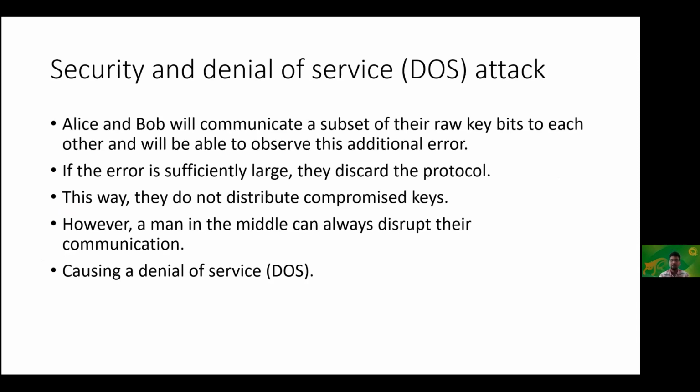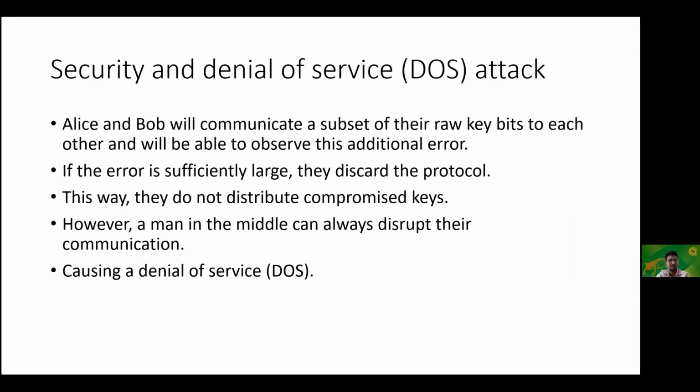Now, this can introduce some kind of denial of service attack, because in the middle where Eve is sitting, she can always choose to do some eavesdropping. And then whenever I'm trying to send something, even though I cannot send it securely, I cannot even send it insecurely, because I will discard the protocol, right? Every time I detect someone in the middle, I will discard the protocol.